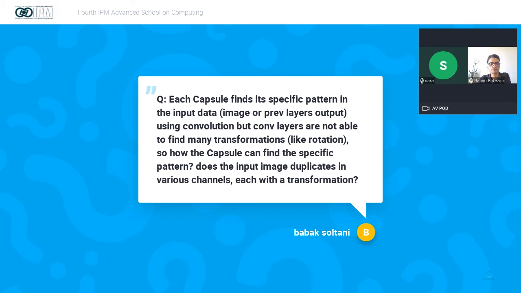Only the primary capsule, the first capsule layer, is connected to the image with convolutional layers. The idea is that the primary capsules should encode the position of the parts, not exactly the transformation. Your concern is correct that we are using convolutional networks, but it's not that they are unable to handle rotation.